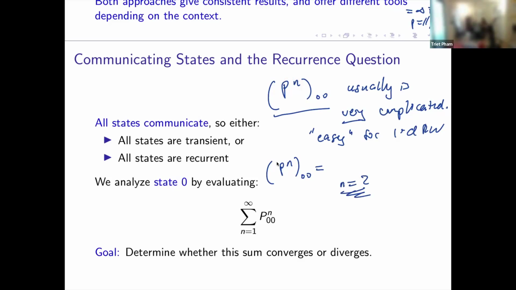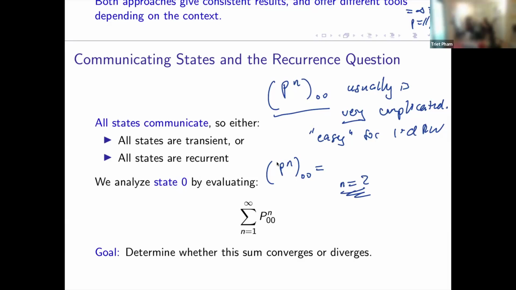So notice there's also that aspect: to start at 0 and return to 0, you need an even number of steps. Obvious, right? Because exactly as many steps as you go right, you must go left. Correct? So what's P squared at 0, 0?